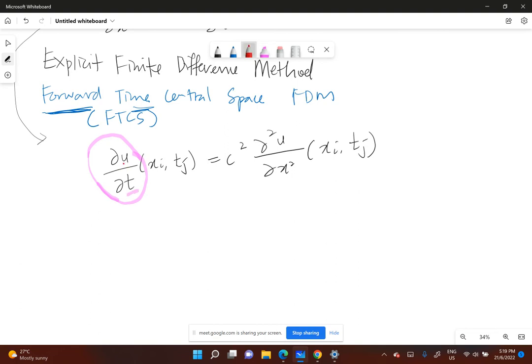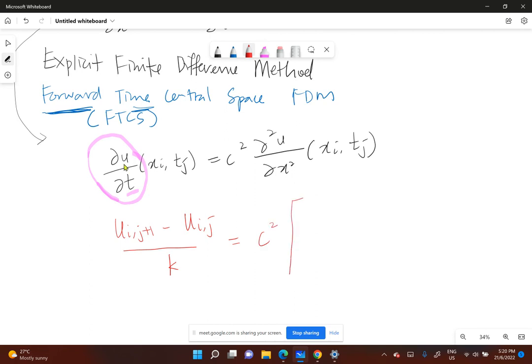So that means tadi first derivative we can use 2 point forward tu kan? 2 point forward u apa? ui apa? j plus 1. Yes, j plus 1 minus uij divide by k. Betul.